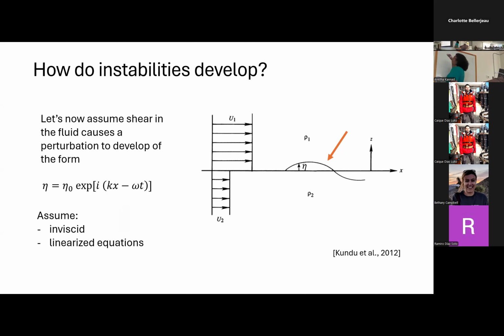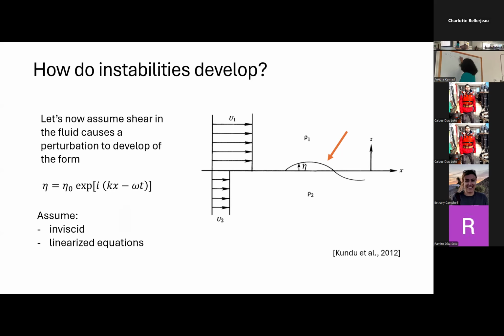What that means in terms of the velocity field that you see, let's just do the top layer, is you have a background flow, which is U1, and you add in a little perturbation. So that's going back to that example of a ball being displaced a little bit.